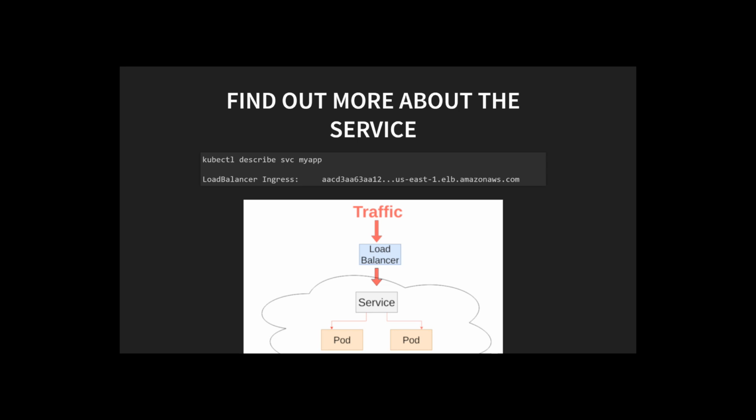So we're going to have a diagram like this, where traffic from our users goes to the ELB load balancer, which then proxies to our service, which then proxies to our pods and serves the traffic back. We can use the kubectl describe command to get the full URL of our ELB.